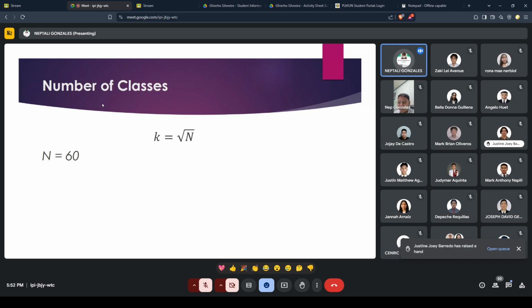So using the formula, K is equal to the square root of N. So all you have to do is to substitute the value of N to the formula. Then we will have K is equal to the square root of 60.